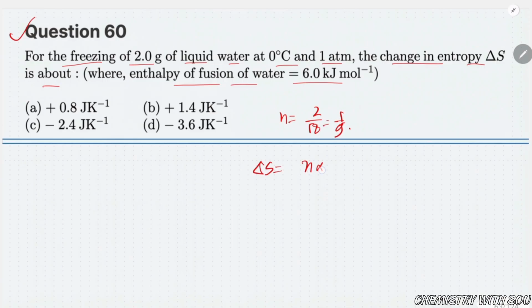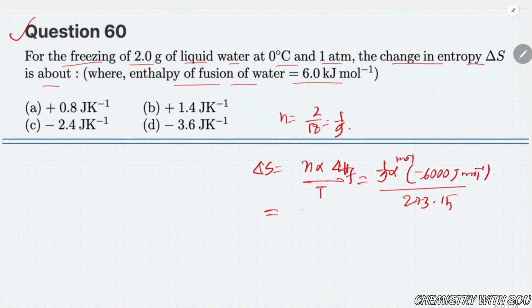Del S is equal to n into heat of freezing divided by the temperature. So 1 by 9 into minus 6000 joule mole inverse divided by 273.15. The value will be minus 2.44 joule kelvin inverse. So option C will be correct.